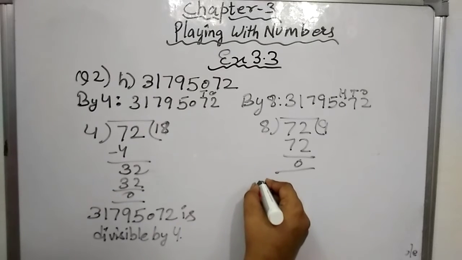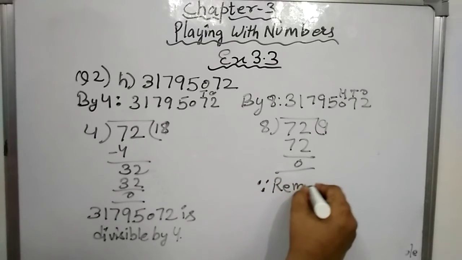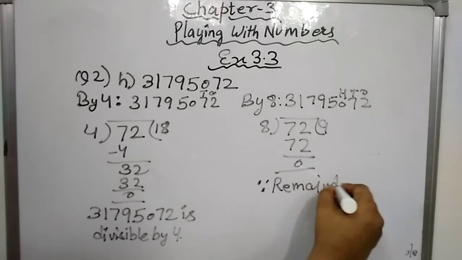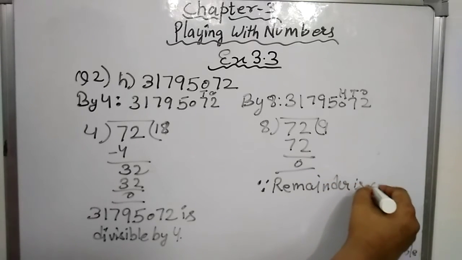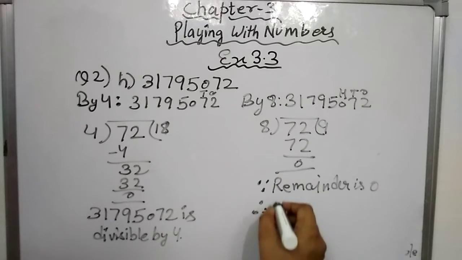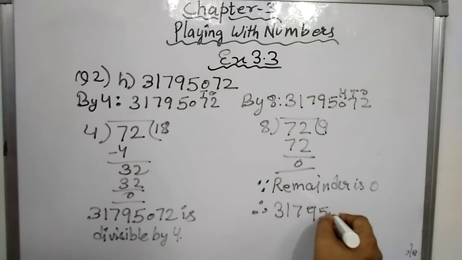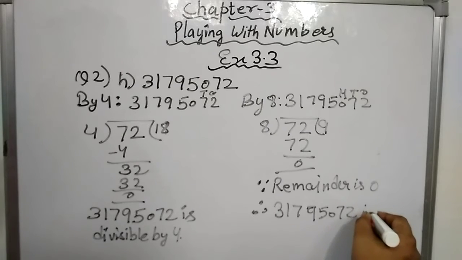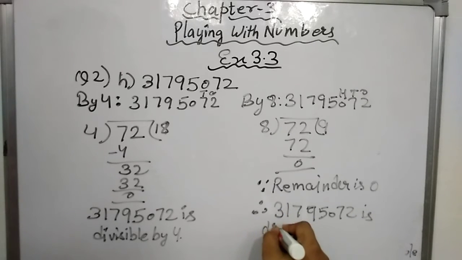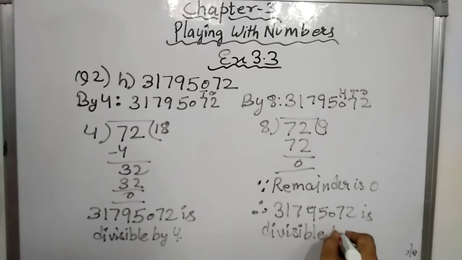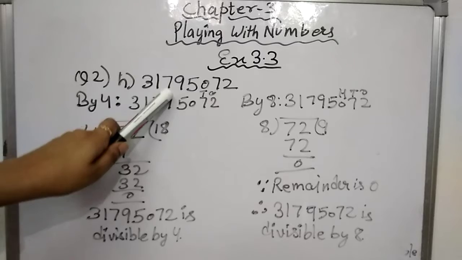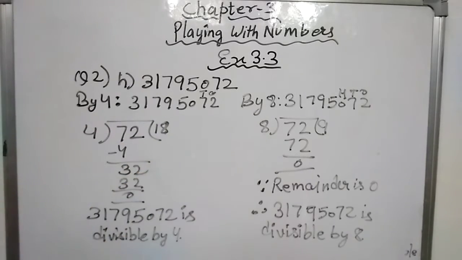So that means when remainder is 0, three crore 17,95,072 is divisible by 8. So this number is divisible by 4 as well as 8.